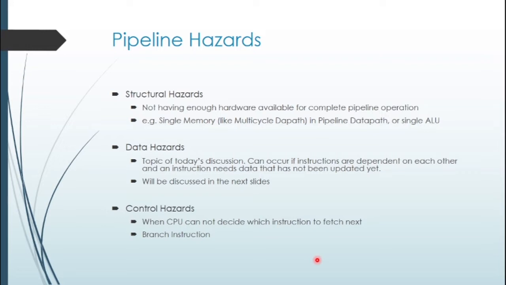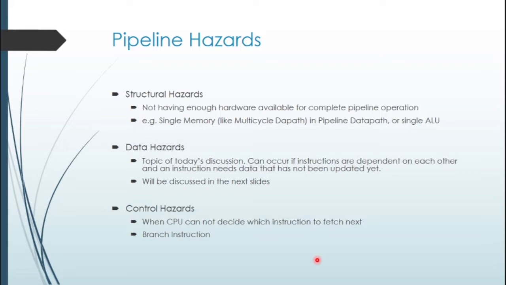In multi-cycle we use a single memory instead of two memories as in the single cycle data path or in the pipeline, because in each clock cycle we can only access one memory at a time. So what happens if there is a single memory?